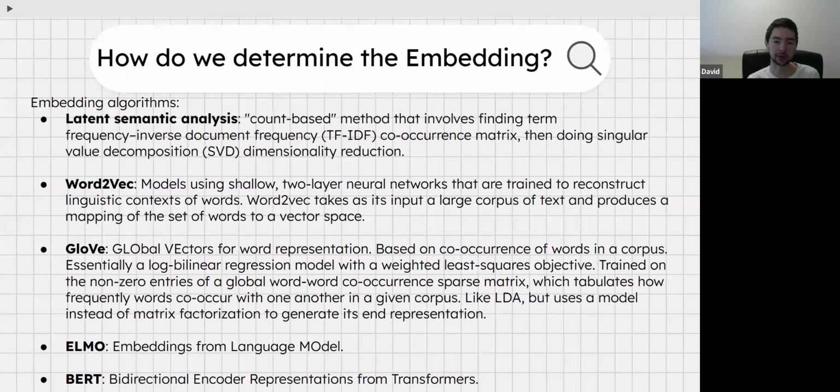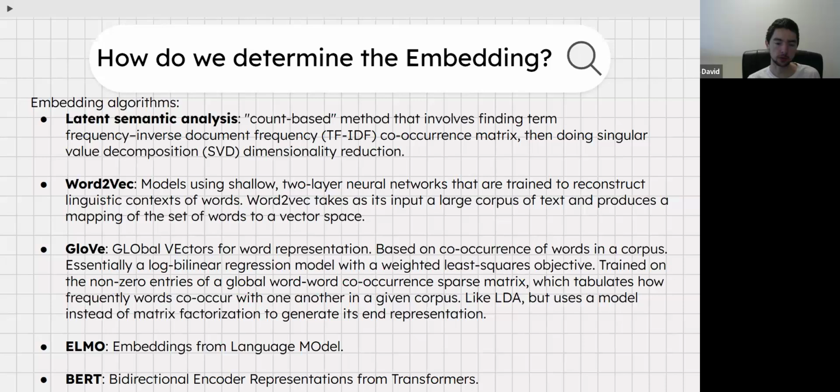Now, how do we determine the embeddings? Well, we can use latent semantic analysis as an embedding, or latent Dirichlet allocation as well. But that's kind of crude. You can kind of treat the word associations as being an embedding.